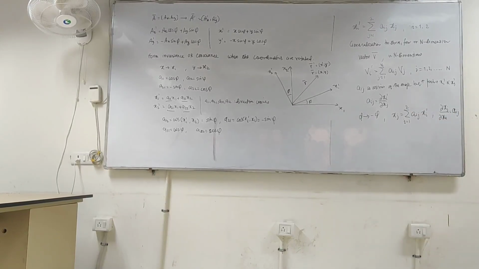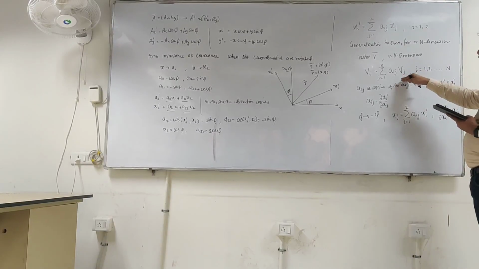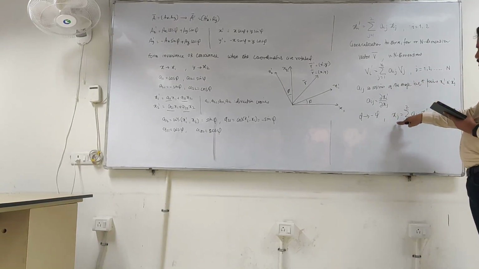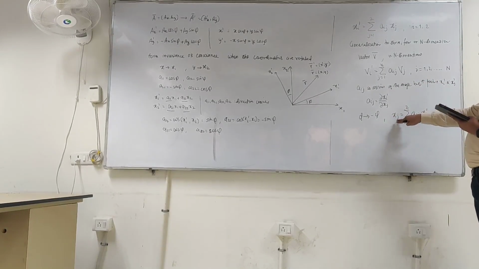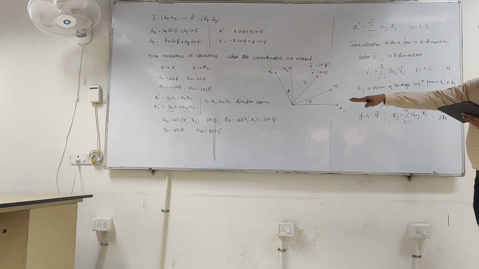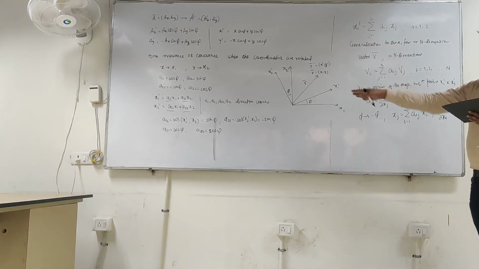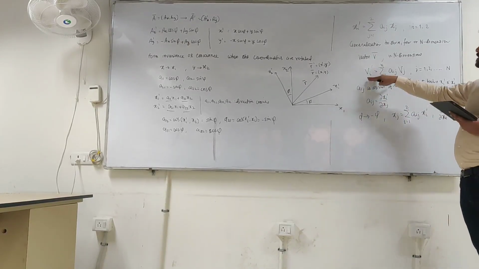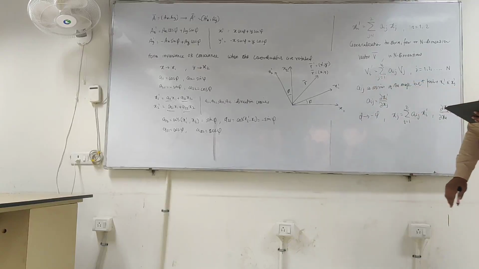Right now we are specifically trying to write down our vectors using this definition. This is the vector I already defined in 2 dimensions. This is the vector I am defining in n dimensions. That is the difference.